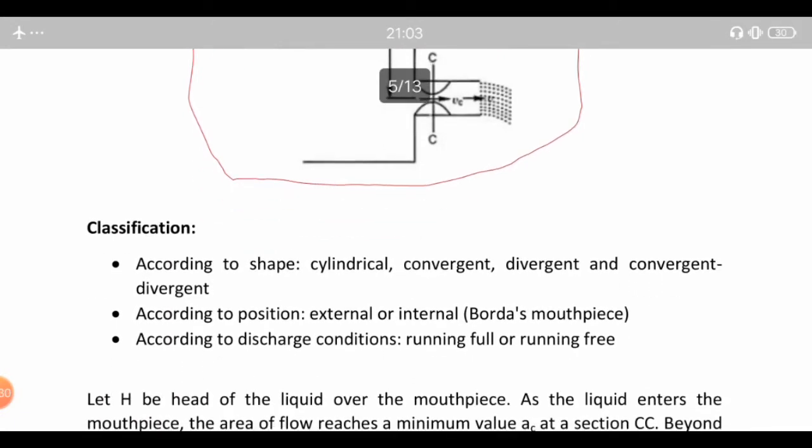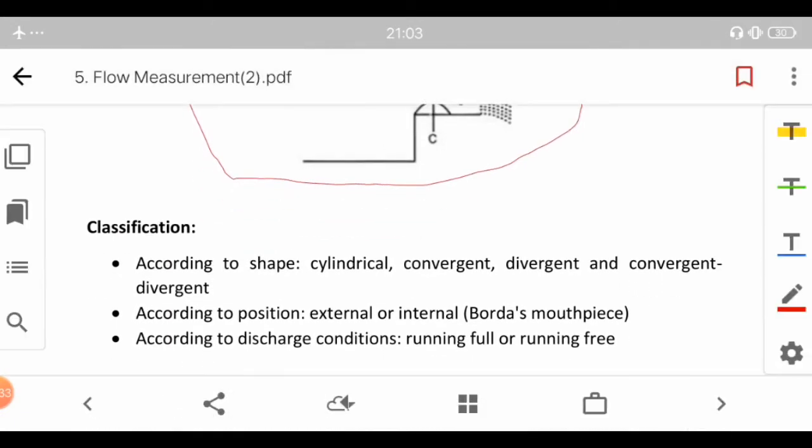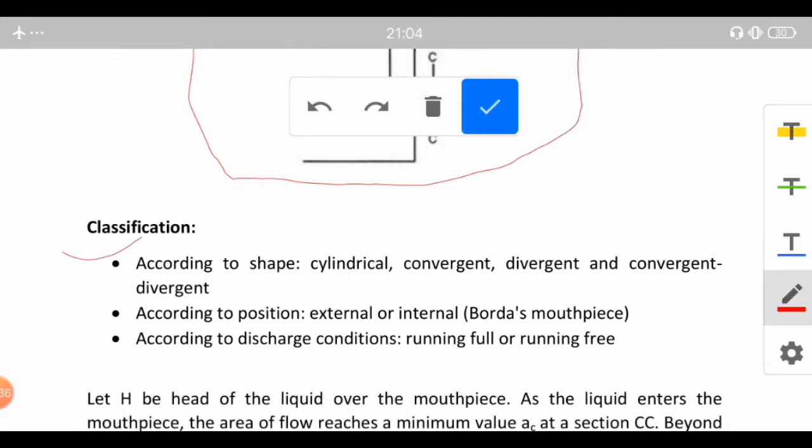So let's read about the classification of the mouthpiece. According to the shape, it can be cylindrical, convergent, divergent, or convergent divergent, like a venturi meter.